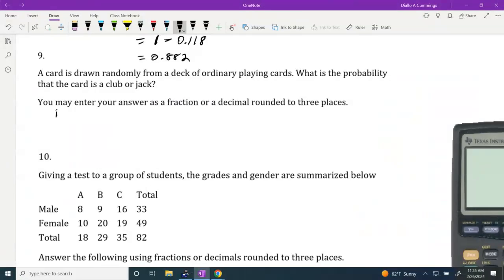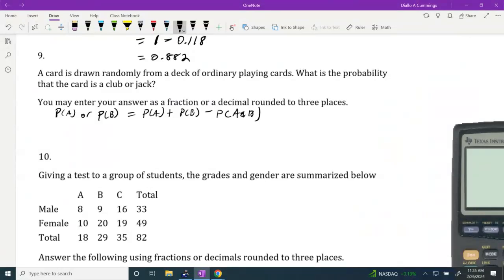It says the probability of A or B is equal to the probability of A plus the probability of B minus the probability of A and B.